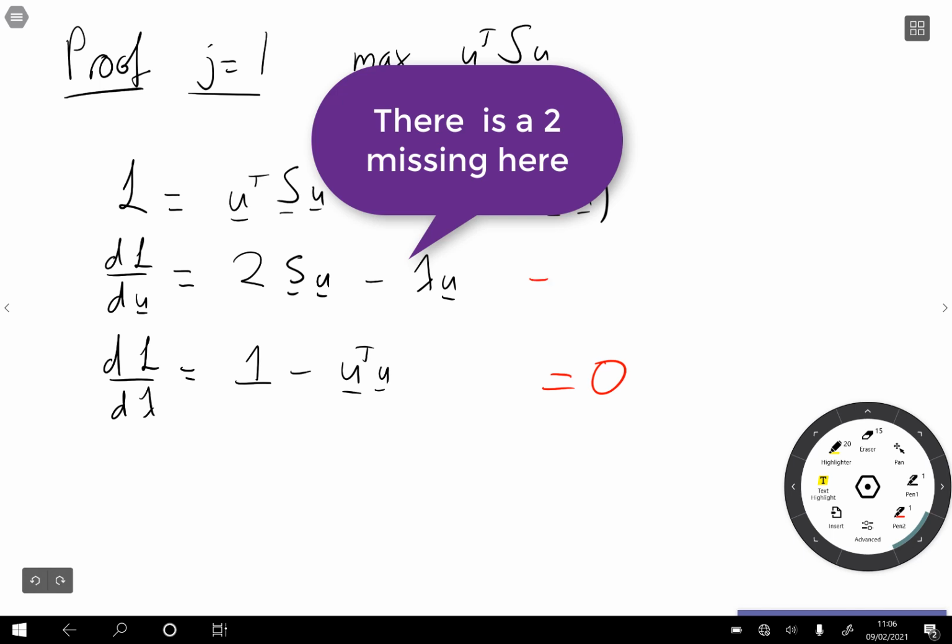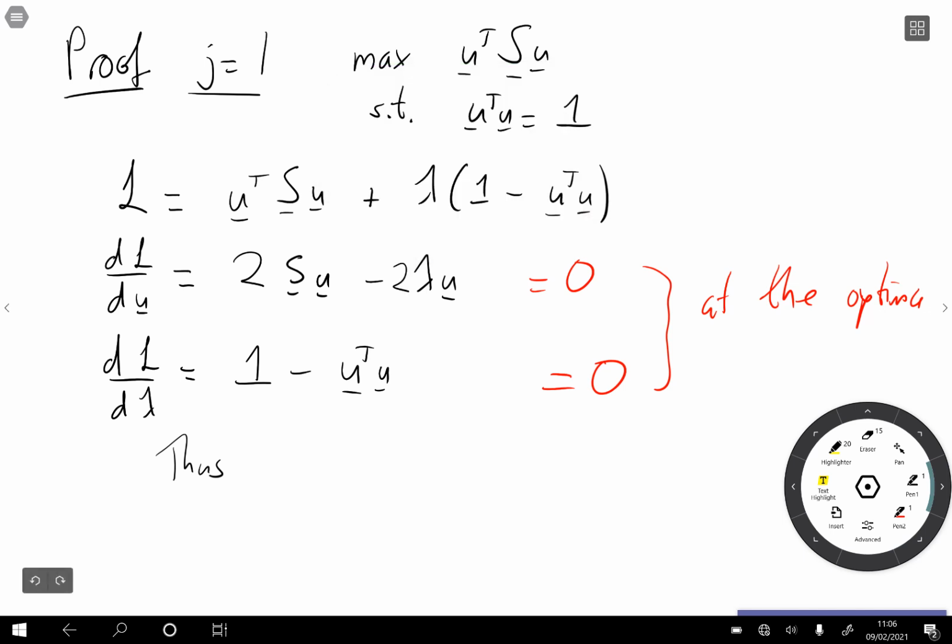So we're going to set this again equal to 0 at the optimum, because the derivatives are 0 at the maximum. So the first equation is going to give us S u equal to lambda u, and the second equation just gives us back our constraint, u transpose u equals 1.